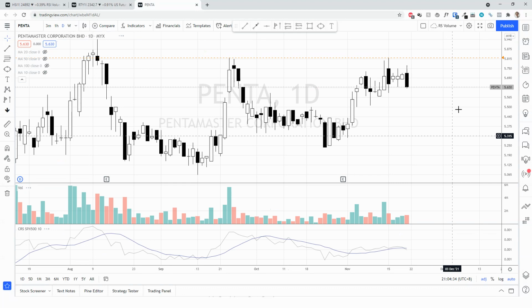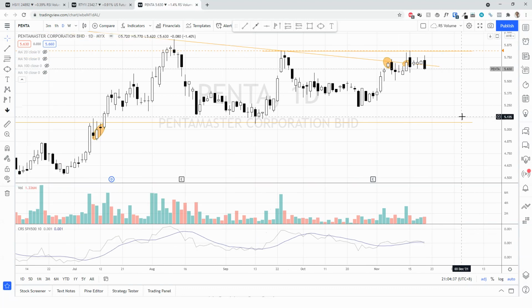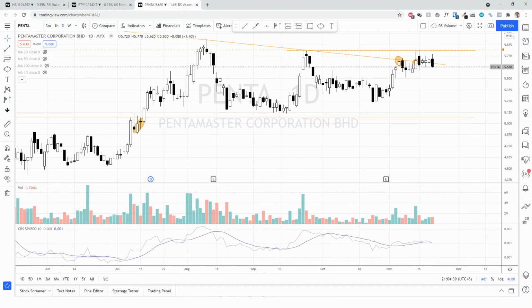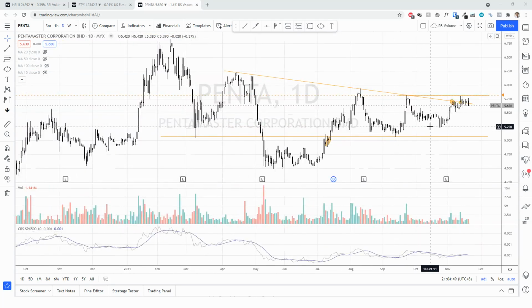So next one is PENTA. PENTA is still, in my opinion, a bullish structure. I talked about this 2 weeks ago, last Sunday, and in terms of the big structure, I don't really want to repeat because I have mentioned it. Roughly, I think that could be another structure by itself.